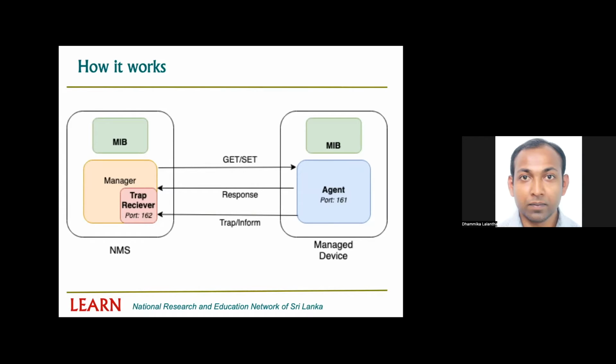NMS is something like a monitoring tool such as LibreNMS or Cacti, so we can call it a network monitoring station. So the manager component is built into those monitoring tools. The managed device is the network or server equipment, and the agent runs on that device.